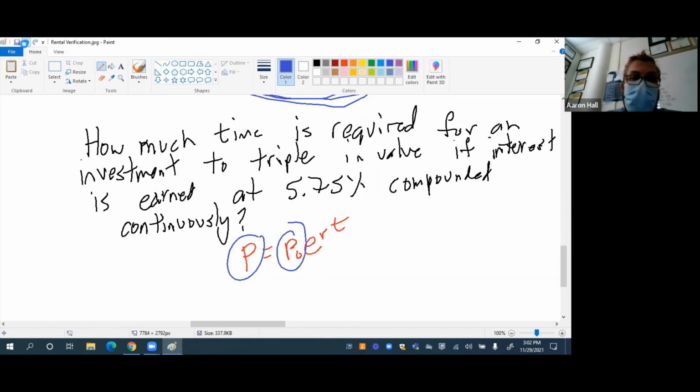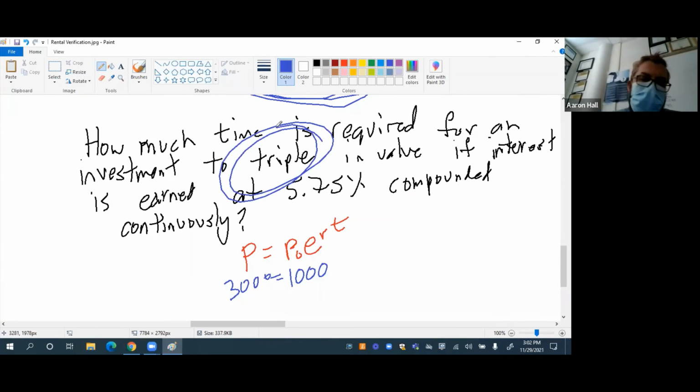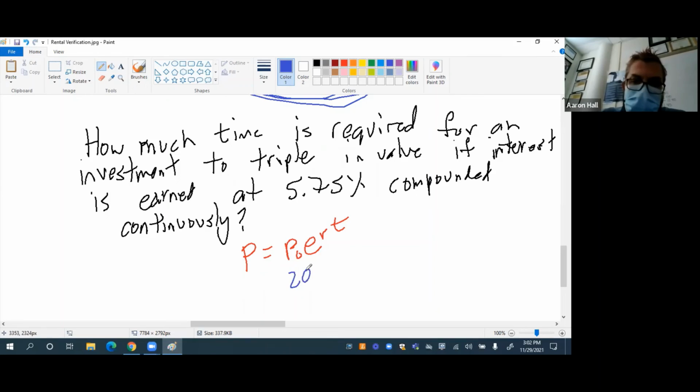You could throw in a number. If I started out with $1,000, that would have to grow to $3,000 if we are tripling. Or we could say it's $200, and if we triple it, 2, 4, 6, that would be $600. Does it really matter what those are?